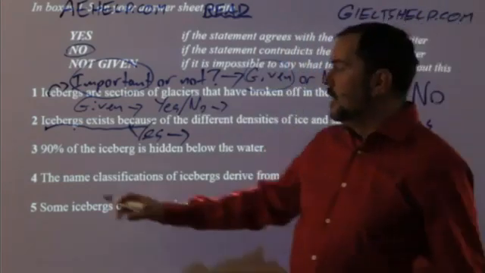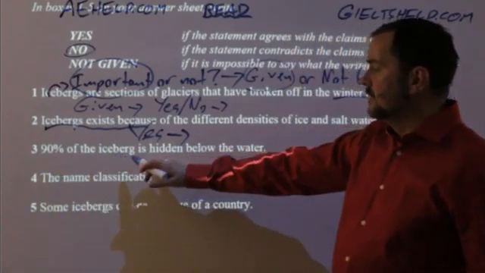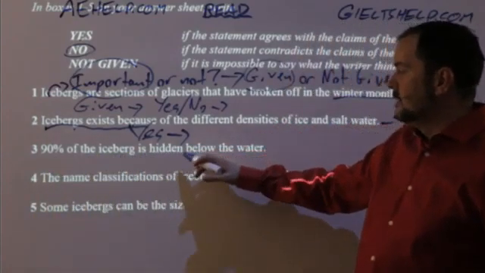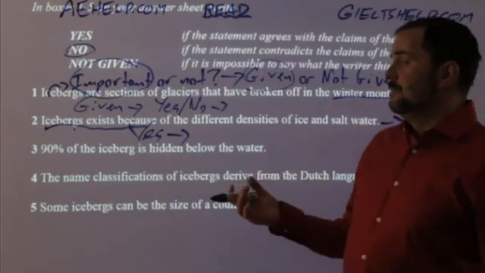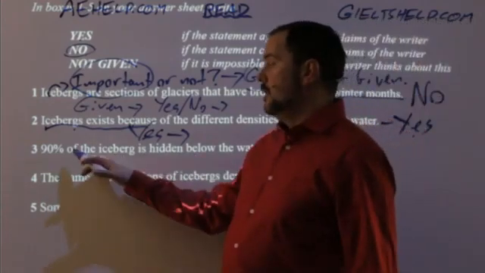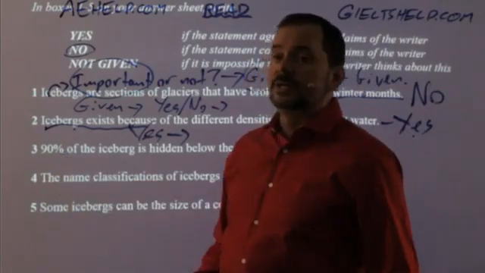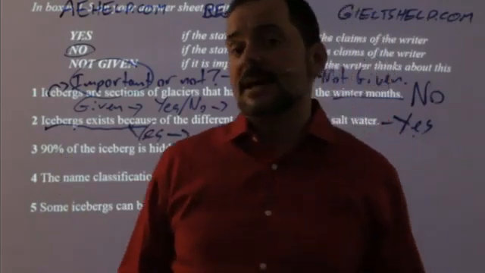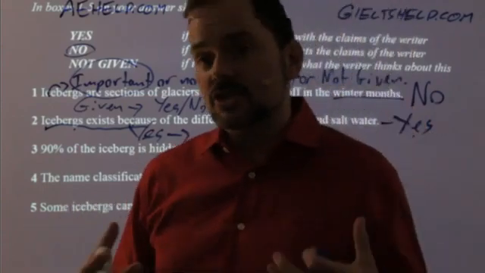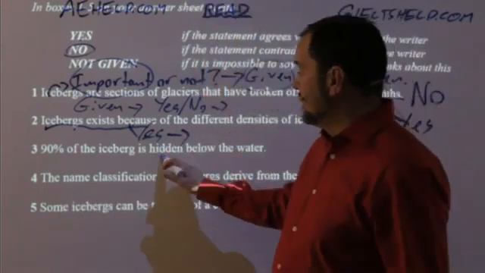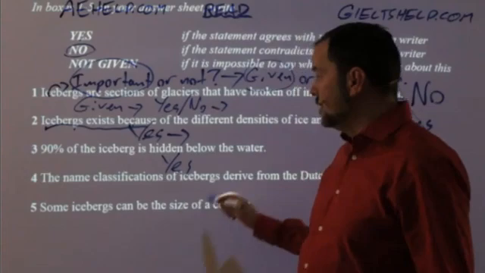All right. Number 3, 90% of the iceberg is hidden below the water. Again, is it important to know how much of an iceberg we can see or not see? And now this is, of course, connected to how it's important for humans, the danger to boats. So this is a yes as well. It's important.